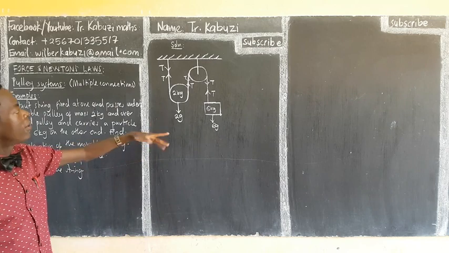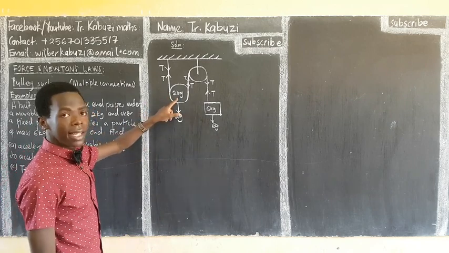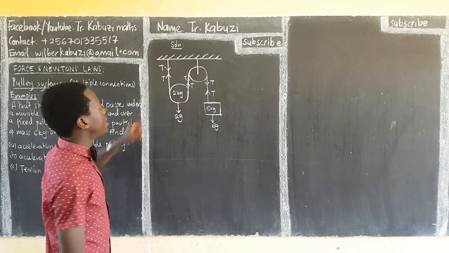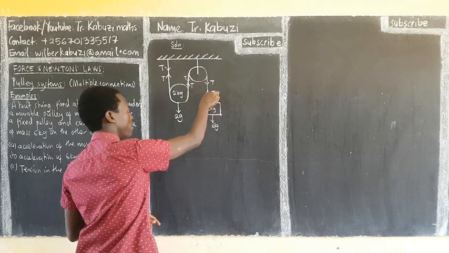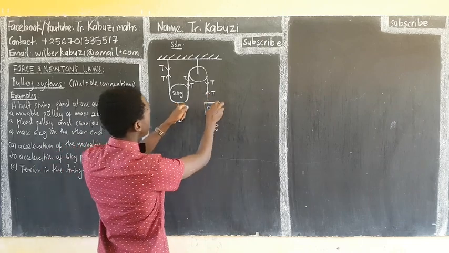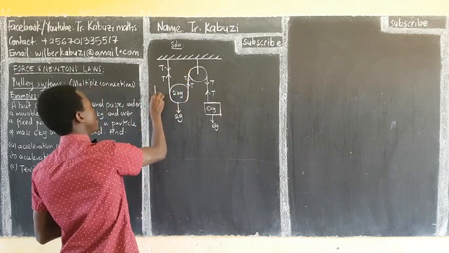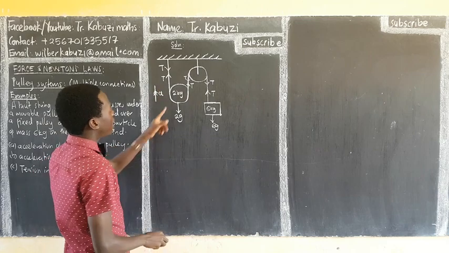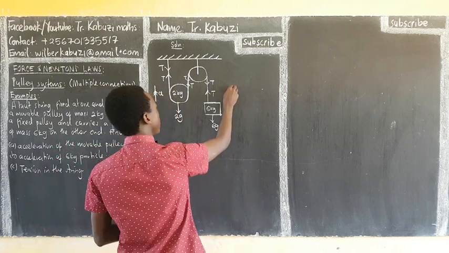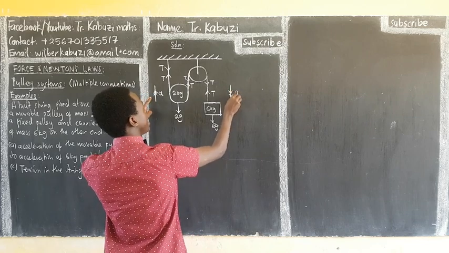So now from there, we know this one is a movable pulley, between two portions of the string. If this weight is going to pull down, that means as it moves, this one is going to move up. So the acceleration of this one is in this direction, and let's call it a. If the acceleration of the pulley between the string is a, then the acceleration of the particle at the end of the string is twice this a.